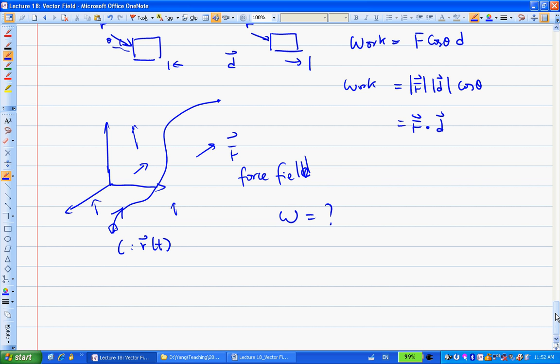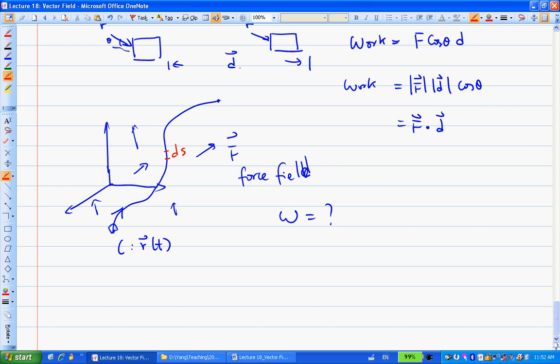Integration always starts with an infinitesimal segment. So let's take a very small segment here and call it ds. You're moving through a very short distance ds, like a d here. Now, we're not going to use ds here because you see the displacement.